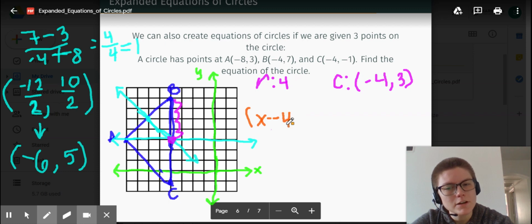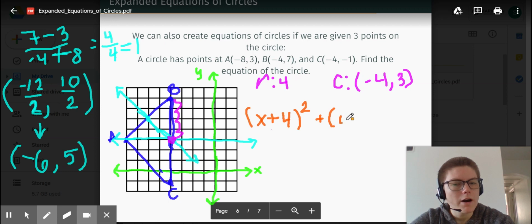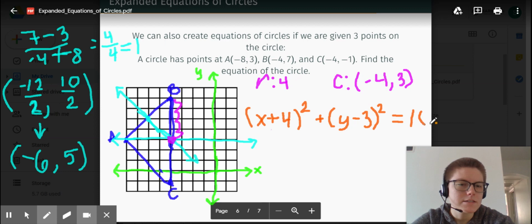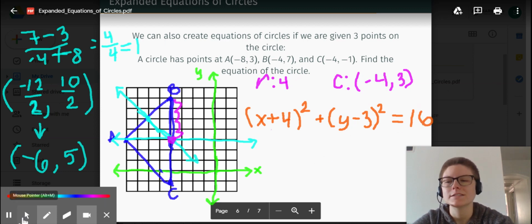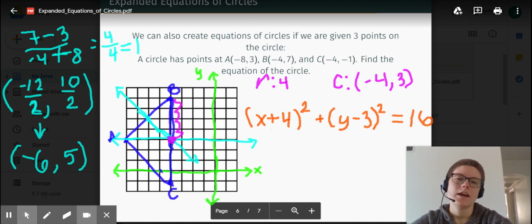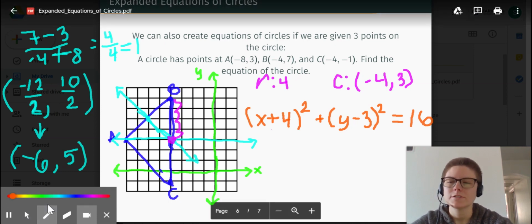Minus negative 4 turns to plus 4, right? Squared plus y minus 3 close squared equals, since our radius is 4, we want to square that, 16. Some people like to write it as 4 squared, but I think that's silly, so I don't do it. And that is our standard form equation of our circle.